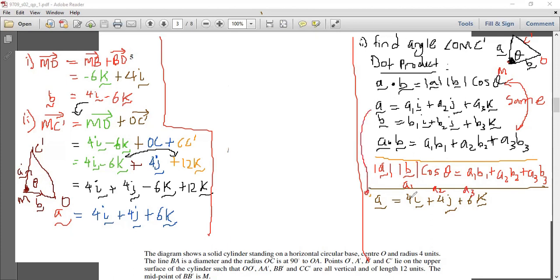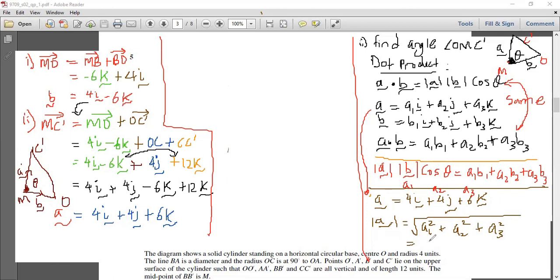So what we need to calculate from here is the modulus of A itself. The modulus of A is the standard definition. When you have the i, j, k components, you just take A1 squared, the component squared, plus A2 squared and A3 squared, the coefficients of the i, j, k.